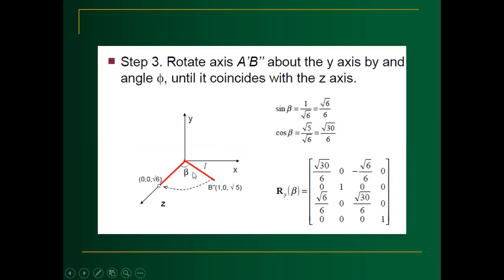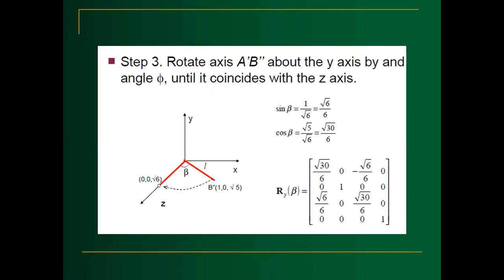Ry, now you should rotate this guy with respect to y-axis. Rotate axis a dash b dash about the y-axis with some beta angle such that it coincides with that axis. Now this we know the formula. Sine beta is what? D by 1 in our case, in which case we can consider that as unit vector.